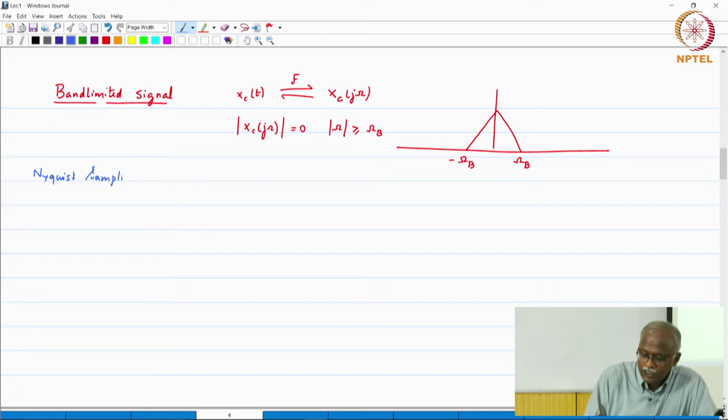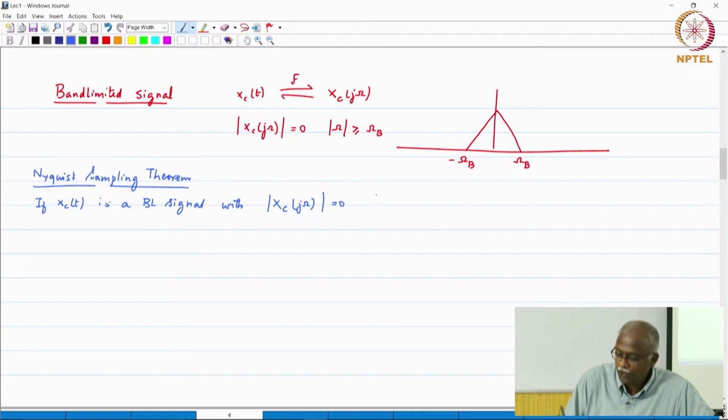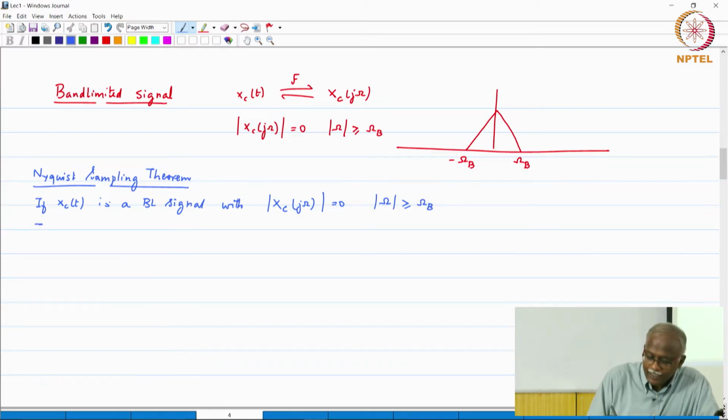again a well known concept in communications. We would like to utilize that and build upon that. The Nyquist sampling theorem basically states that if xc of t is a band limited signal, BL stands for band limited, with xc of j omega equal to 0 for mod omega greater than or equal to omega b, the condition for band limitedness we have already specified, then xc of t can be uniquely reconstructed.